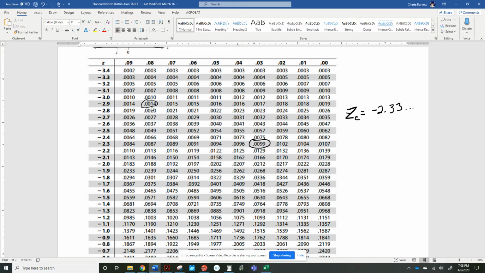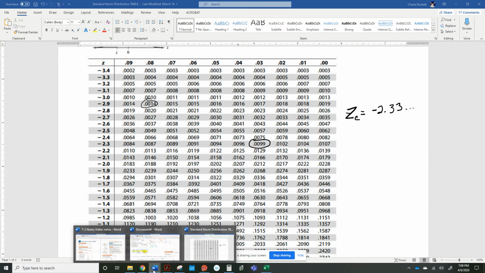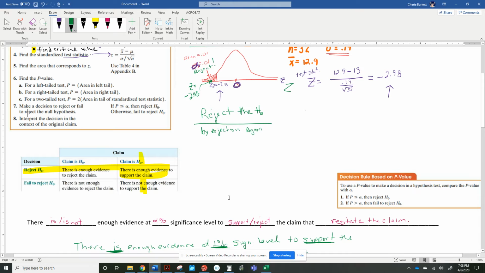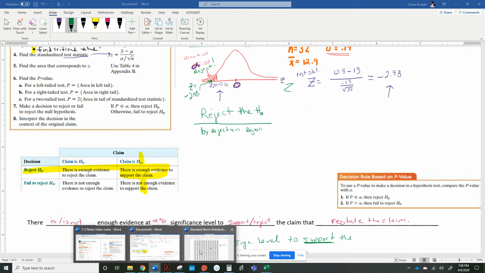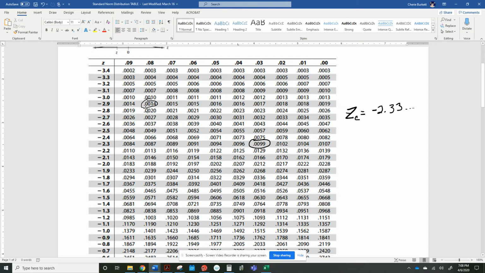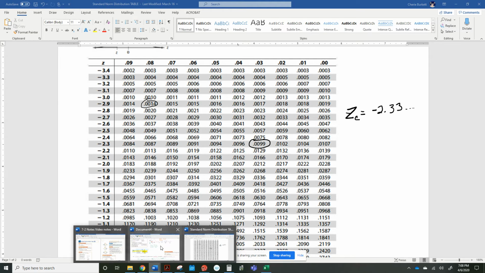I believe that was what we said it was, right? The z-score, negative 2.98. So that z-score has an area of 0.0014.